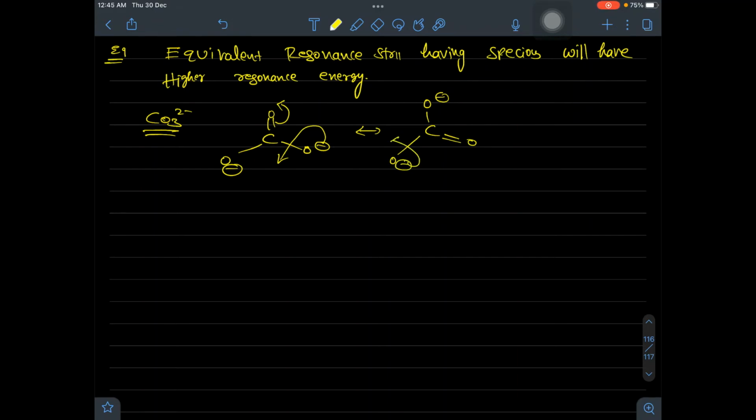When it shifts again, it gives another resonance structure, O minus, double bond O. Further shifting gives back the first one. So 3 equivalent resonance structures are possible for the carbonate ion.